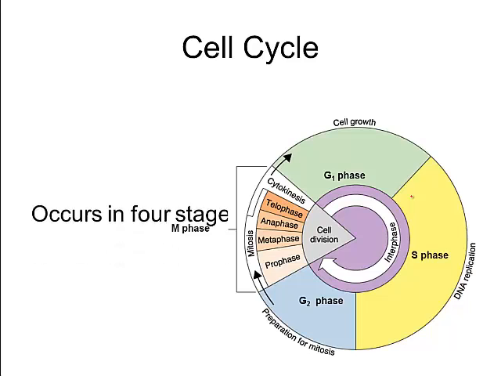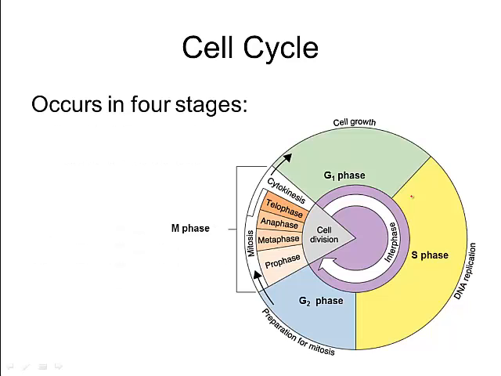Okay, so in the cell cycle, there are 4 stages that we're going to talk about, and this graphic kind of gives you an idea of what those 4 stages are. The first is called G1. During this stage, that is when the cell is growing and doing all of its normal activities. S stands for synthesis. So that is the stage where we're going to actually be making copies of DNA.